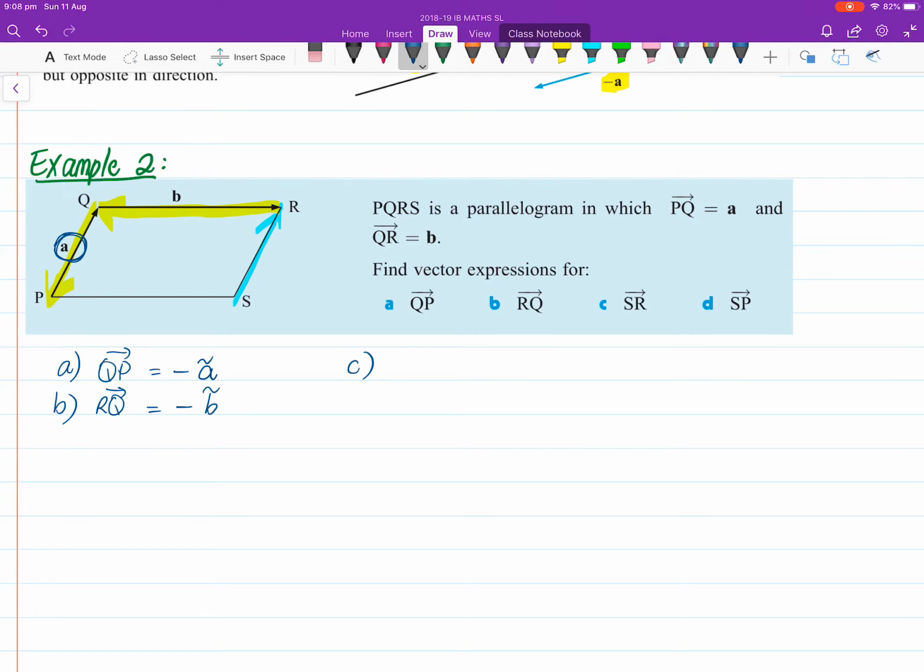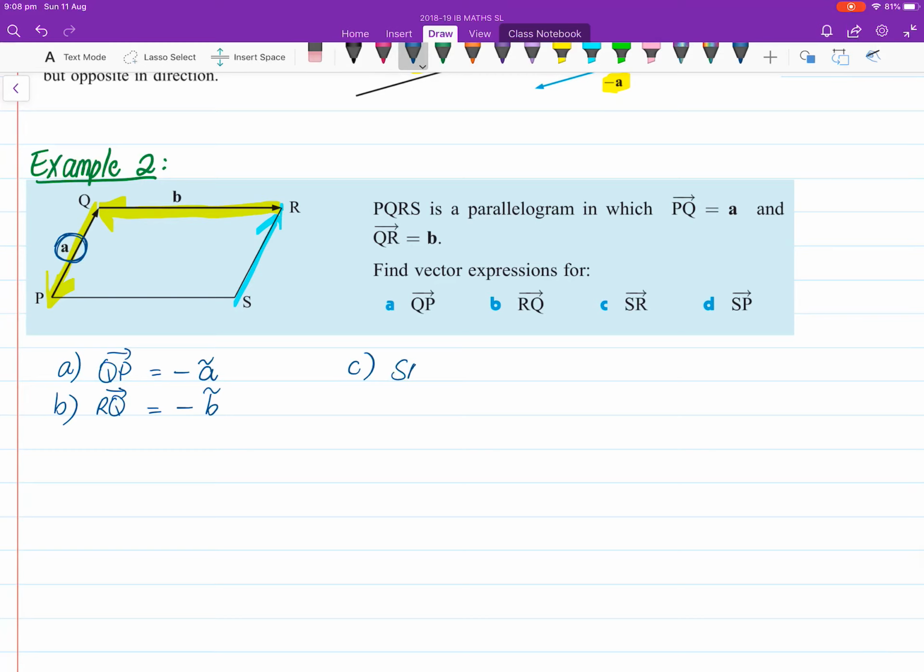So you need to remember those features where the opposite sides in a parallelogram are equal. So that means it is equal to the vector PQ, or you could say it's equal to the bold a. But I've done it with the squiggle instead of the bolded.